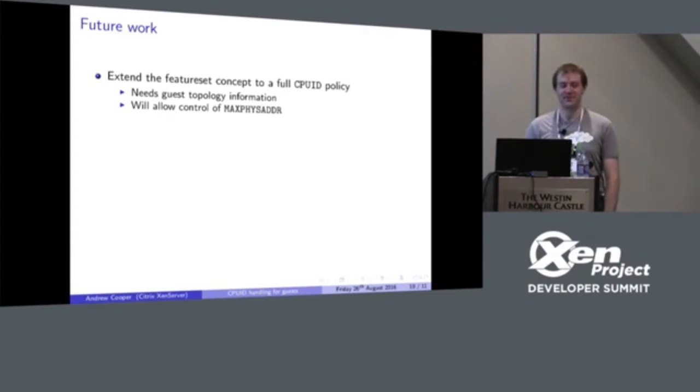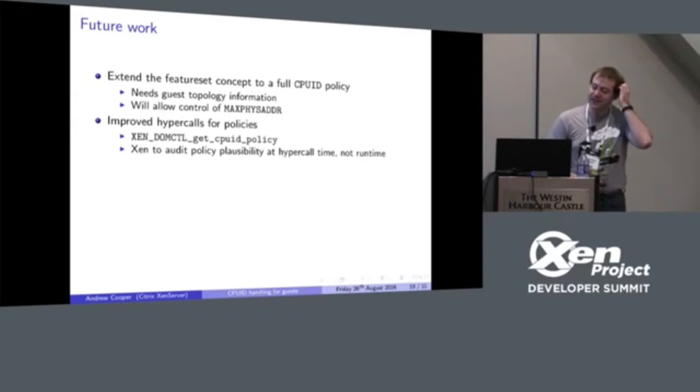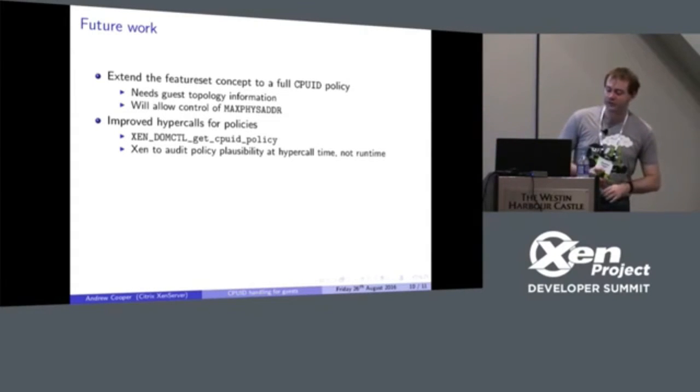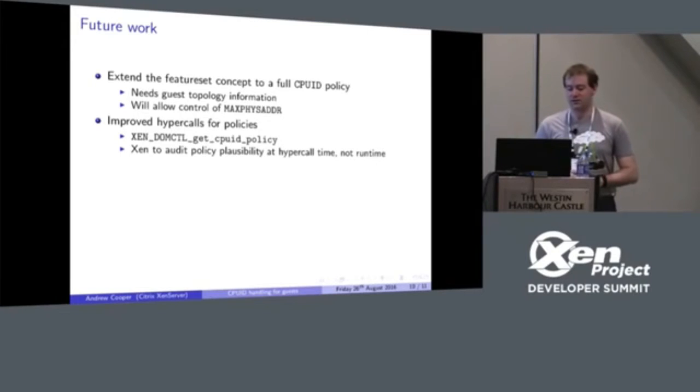Sorry. The hypercall for policies, I said earlier that there's a set CPUID policy. Whoever did that didn't think it would be a useful thing to get the CPUID policy, so someone needs to implement that. I also want to see about doing policy auditing at the hypercall time.